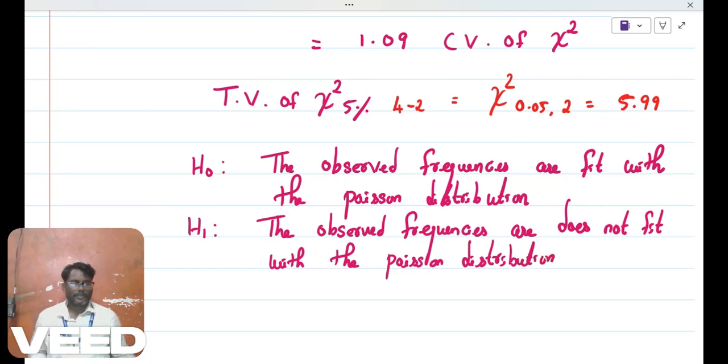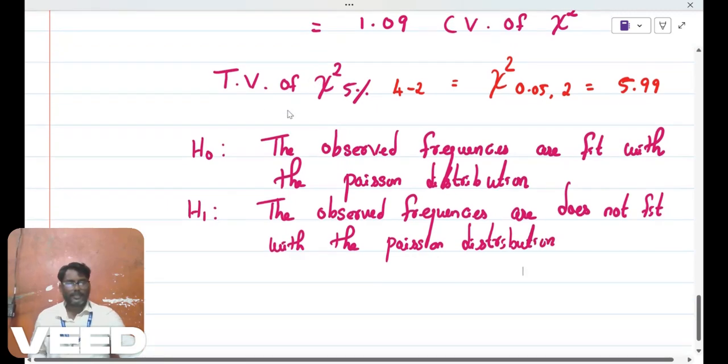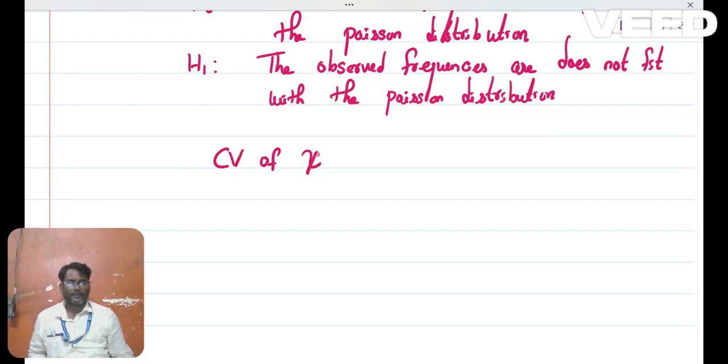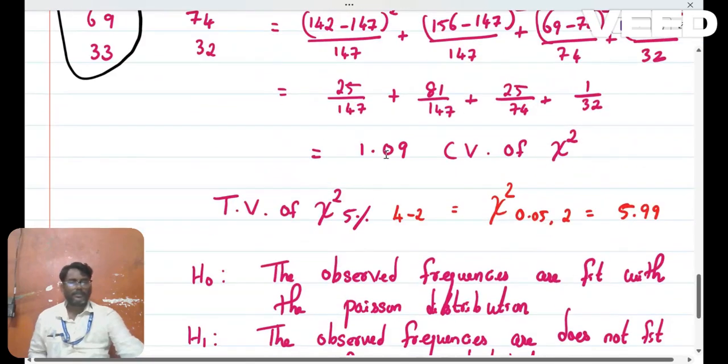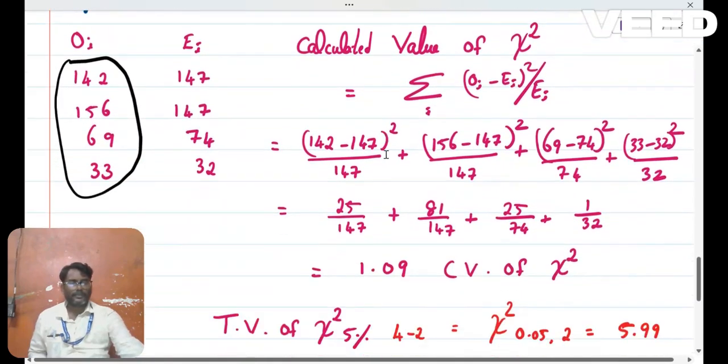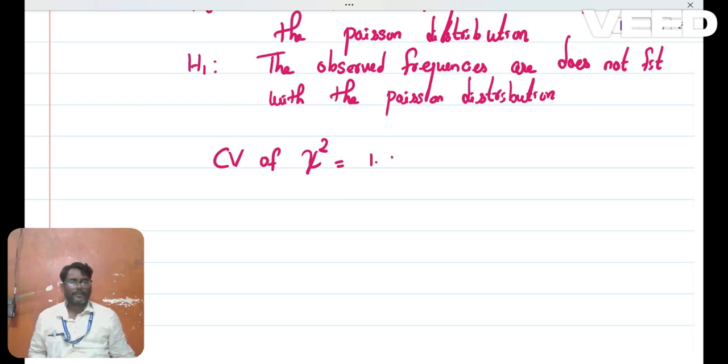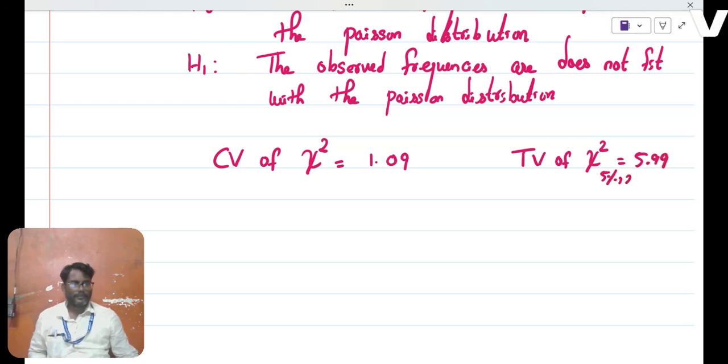So now you have to arrive at a conclusion with the help of the calculated value and the table value. Here the calculated value of chi-square is equal to 1.09, right? Let's check it. Yes, the calculated value for the chi-square is 1.09, whereas the table value of chi-square is 5.99 for 5% and the degrees of freedom 2.